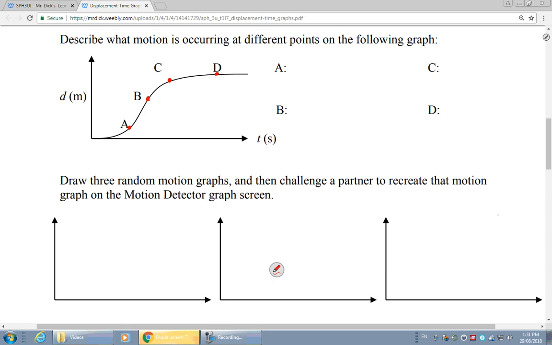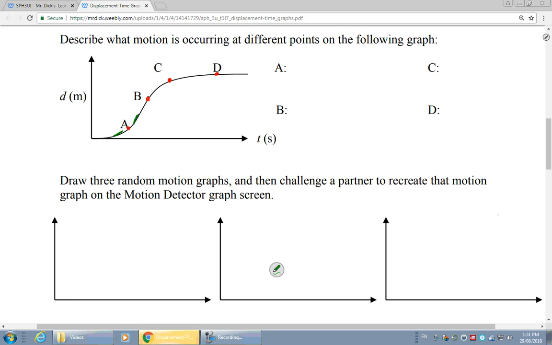It's curving from an area that has a less steep slope to an area that has a more steep slope.